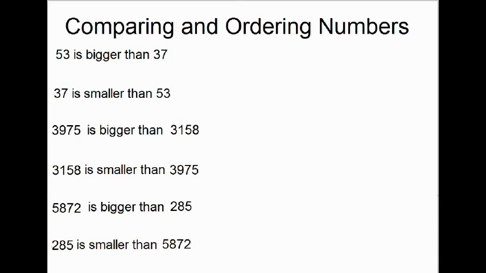So what we need to do here is translate these statements into a math sentence, and that means that we need to take these English phrases that we have here, bigger than or smaller than, and write them using a mathematical symbol. Fortunately, a mathematical symbol was developed to represent those phrases.